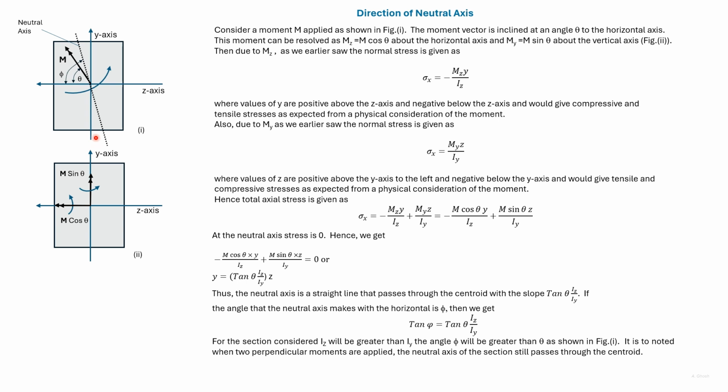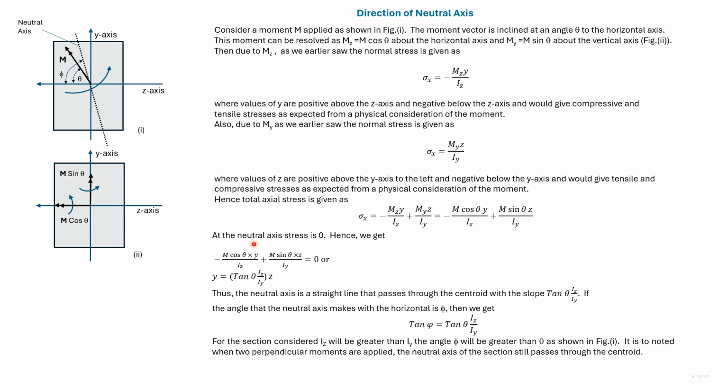For this arrangement of coordinate axes, earlier we had given the algebraic equation for sigma x. Now that we have Mz and My, we can substitute that in the algebraic equation.